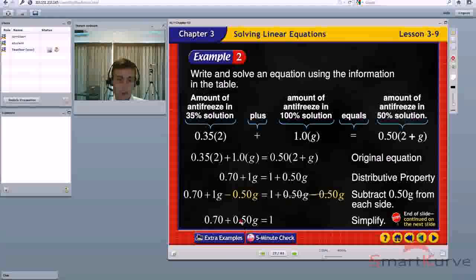This cancels out, and we are left with 0.70 plus 0.50G equals 1.